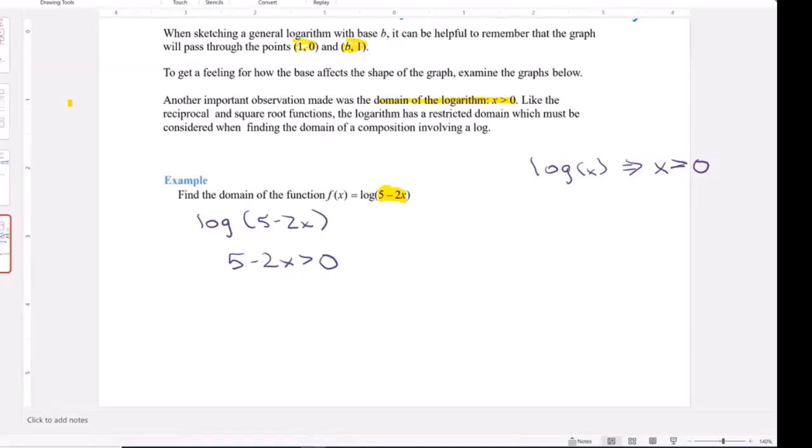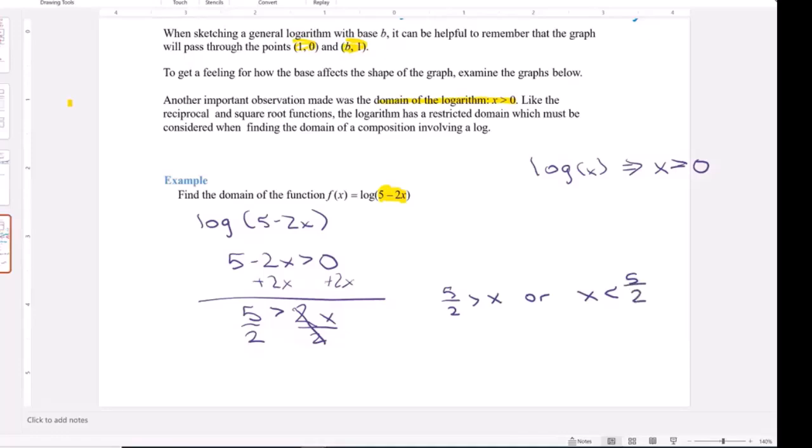And now it's pretty easy to solve. I'm going to add 2x to both sides. I end up with 5 is greater than 2x. Divide both sides by 2. This cancels, and I have 5 halves is greater than x, or I can write it x is less than 5 halves.